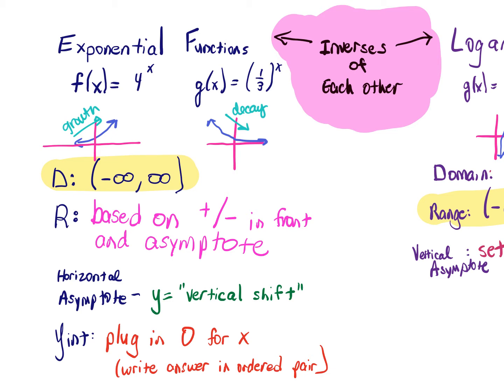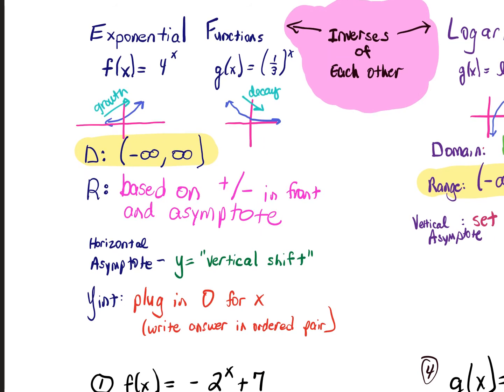Always, your domain is going to be from negative infinity to positive infinity, so all real numbers. Your range is based on the plus or minus that's in front and your asymptote. Remember, your asymptote is that invisible line, y is equal to a number, that's showing you that your line drawn on your coordinate plane does not cross over a certain y value. Okay?